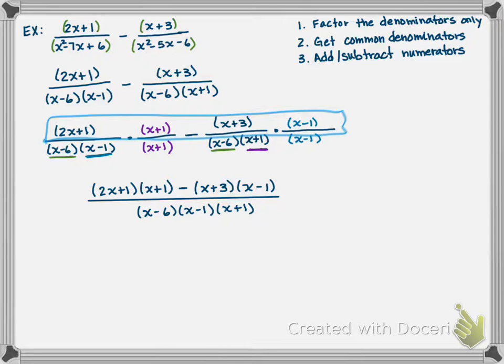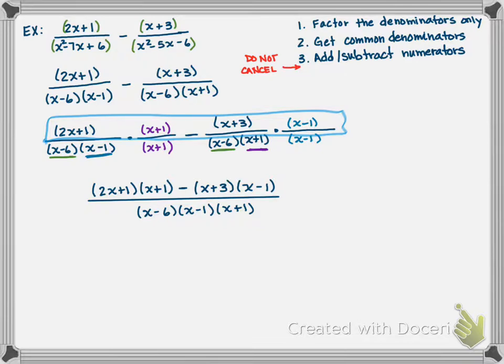Yeah, it's not a product because of that subtraction. In this step, do not cancel. If you find yourself crossing things off right after you get common denominators, then something is going wrong.